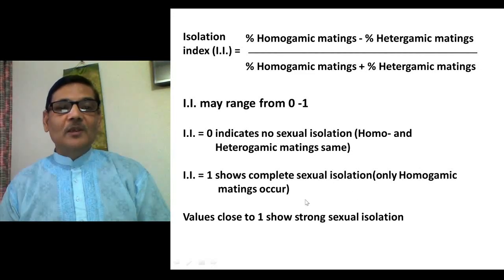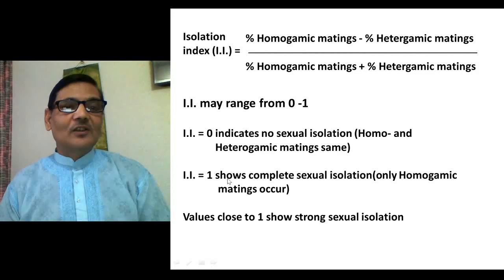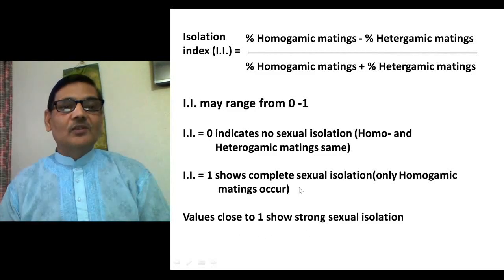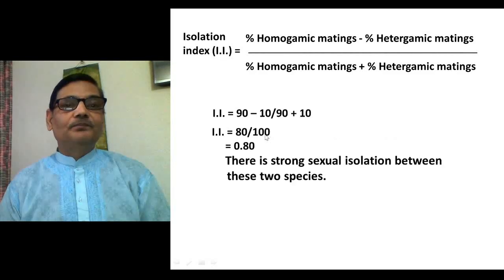So only homogamic matings will be there. In such a case, this value will be 1. And if the isolation index value is very close to 1, that is 0.85 or 0.8 or 0.9 or above 0.9, then you can say that there is a strong sexual isolation. On this very basis, you can infer what kind of result is there.